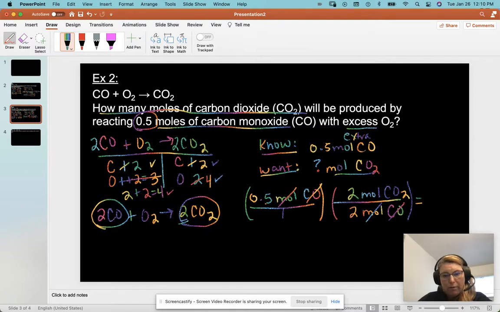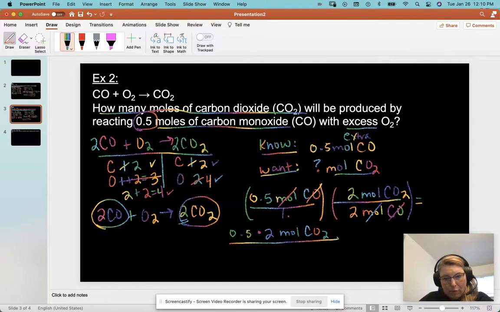So 0.5 times 2. Actually, I'm going to write it on the next line. I don't have enough space. So we're going to have 0.5 times 2 moles of CO2. That's the top.